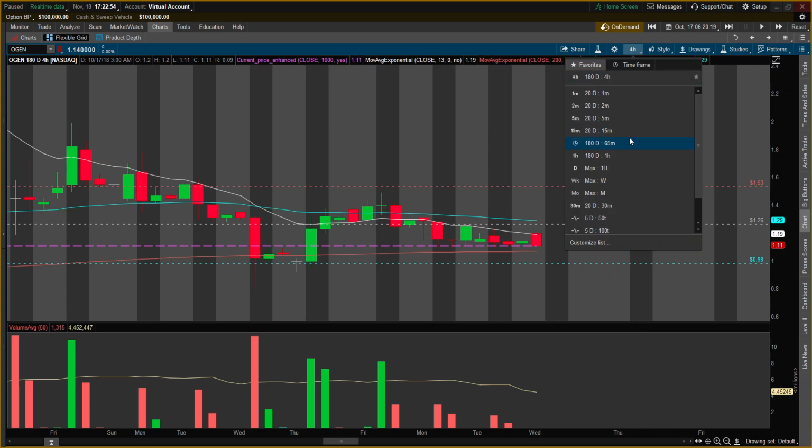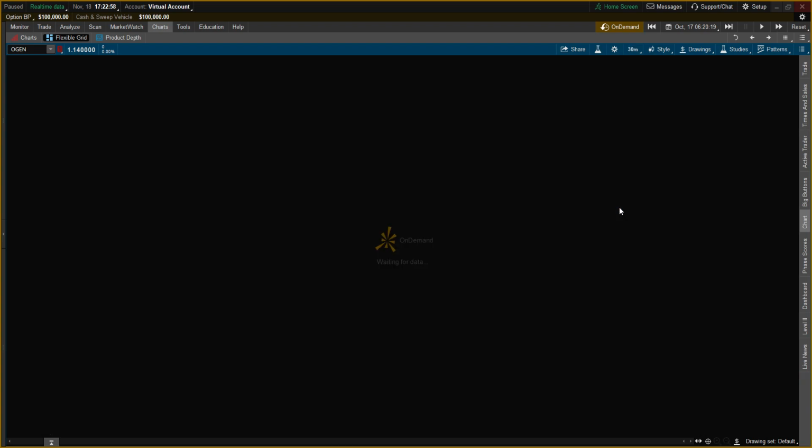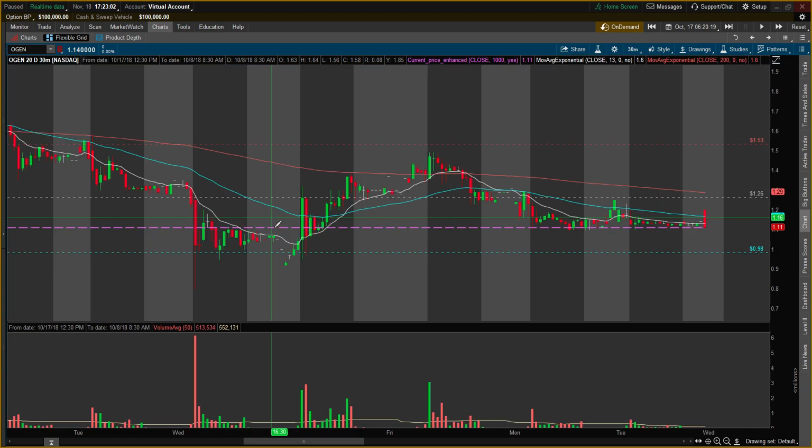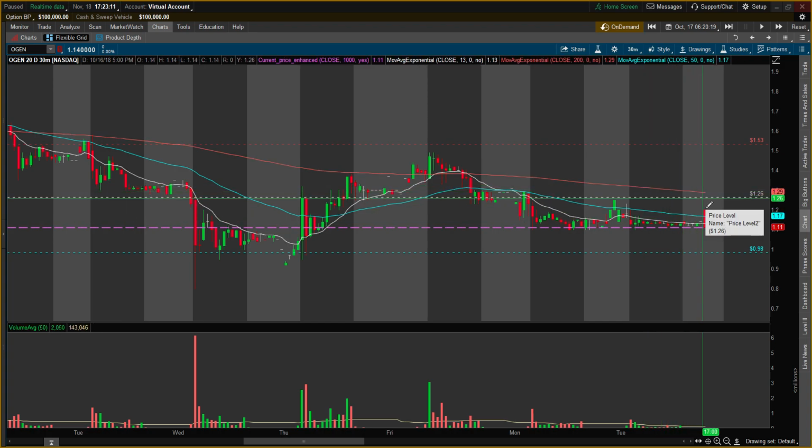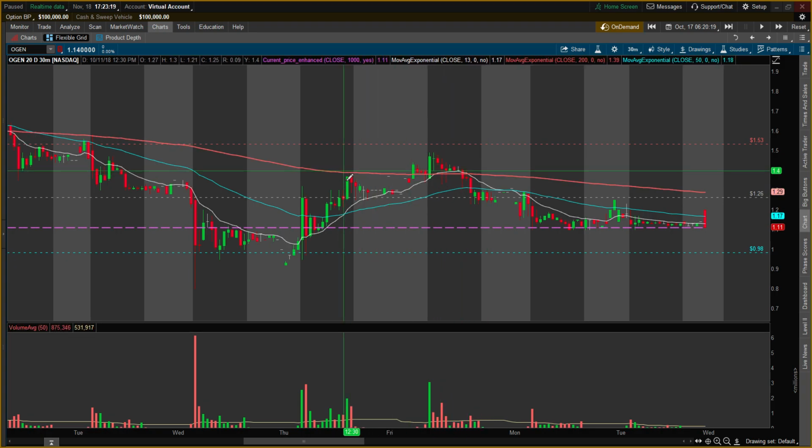Now let's get into an even tighter time frame like the 30-minute. Now we're a little closer on the 200. The 200 is sitting almost where the 13 is. So if you look at it that way, on the 30-minute time frame your 13 would equal the 200 on the daily chart.